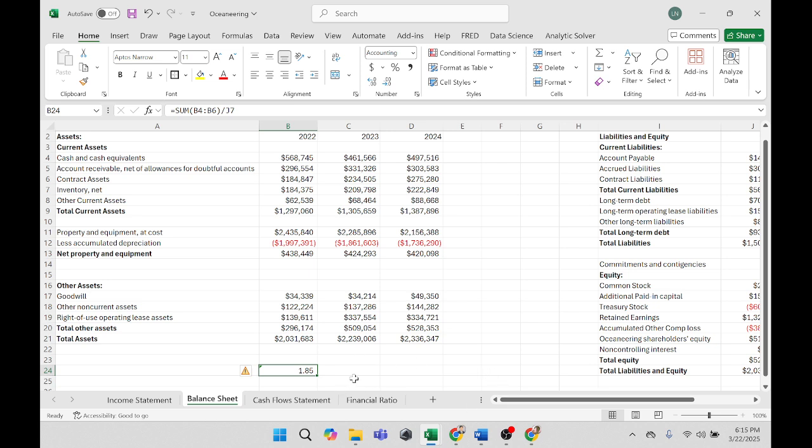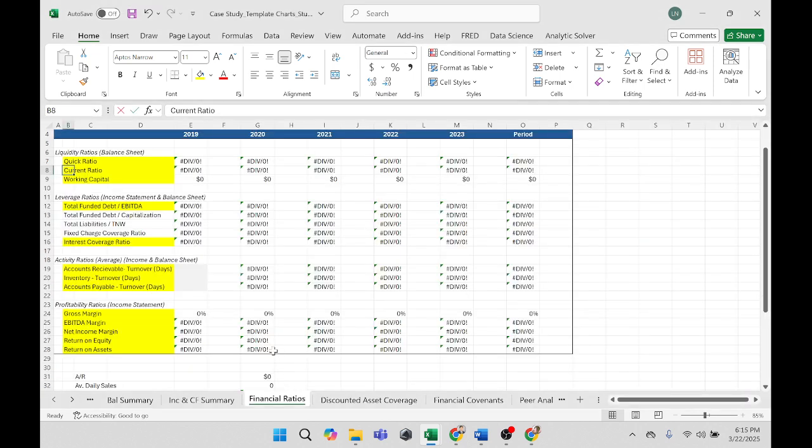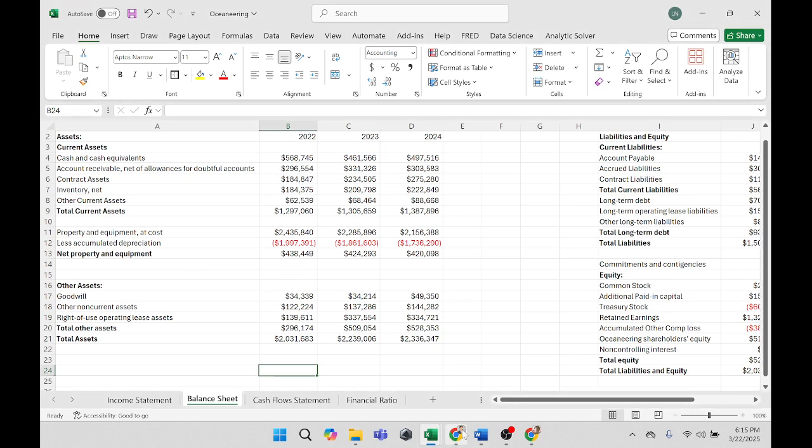Well, we have more assets than liabilities. And remember, you want to do it across years to see the trend of your ratios, whether it's increasing or decreasing.